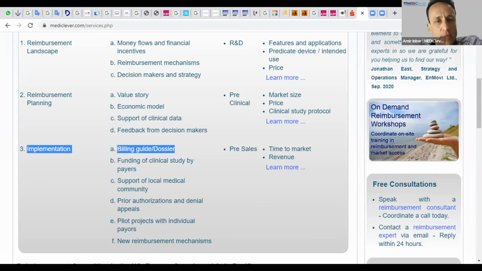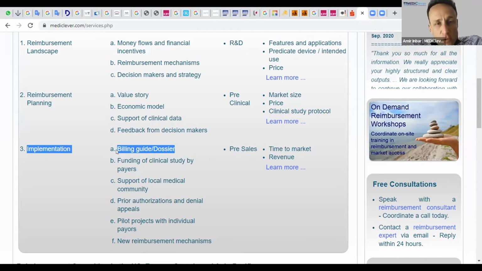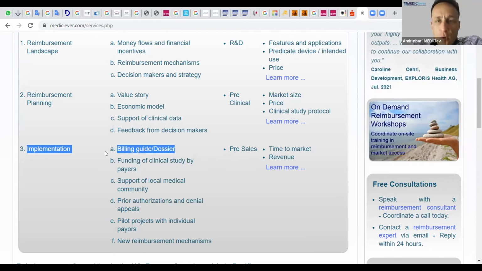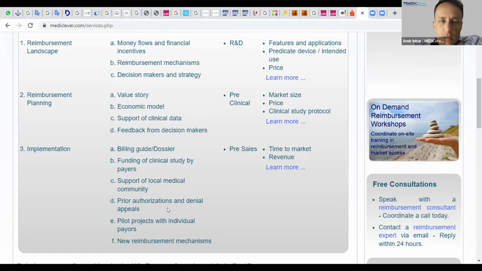However, if we cannot commercialize the product under existing mechanisms, or we do not want to commercialize the product under existing reimbursement mechanisms for any reason, then activity 3 is more like a marathon rather than a sprint, and may include all of these activities underneath here.